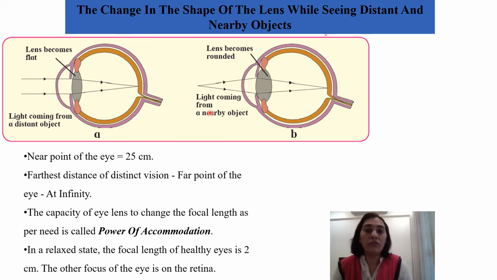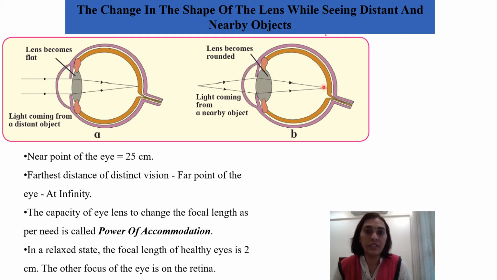Secondly, light coming from a nearby object. When you are viewing any object which is close to you, the shape of the lens again changes. You find that the curvature has increased, or we can say the lens bulges out. Due to the bulging out of the lens, the focal length decreases. So this is the change in the shape of the lens that is brought about when we are seeing a nearby object.